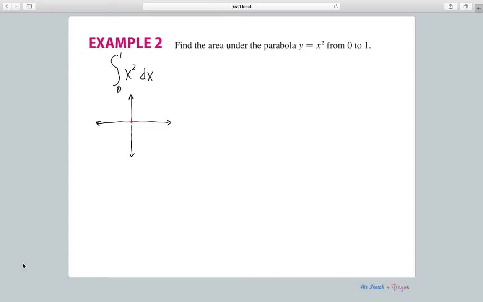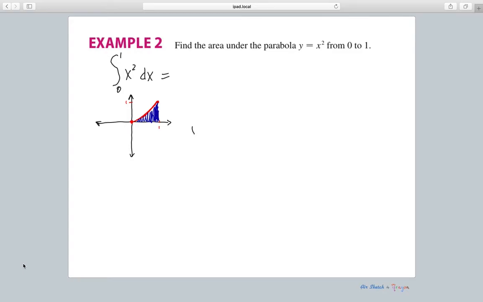So at 0, x squared is 0. I'll call this 1. X squared would be 1. And so all of that is going to be above the x-axis. So we are going to expect to have positive area here, right? So we'll expect our answer to come out positive.